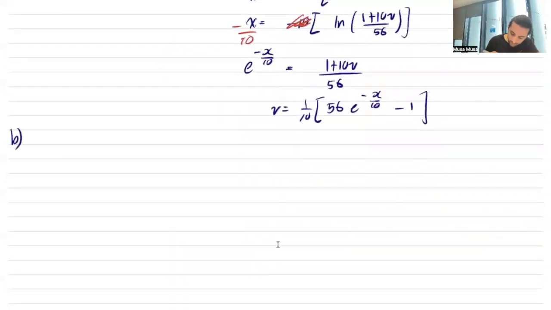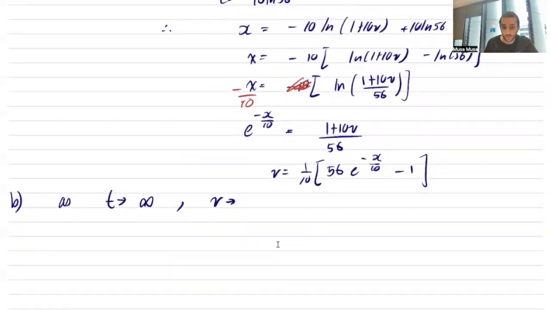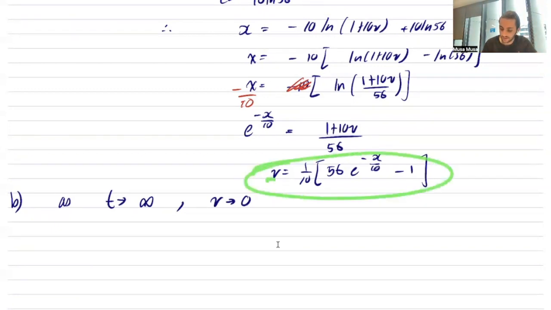Let's think about part B differently. As t approaches infinity, what should velocity approach? Velocity should approach 0 because you're decelerating because of the forces opposing your motion. So if that's the case, let's not go to this final form because it's written as v as a function of x.